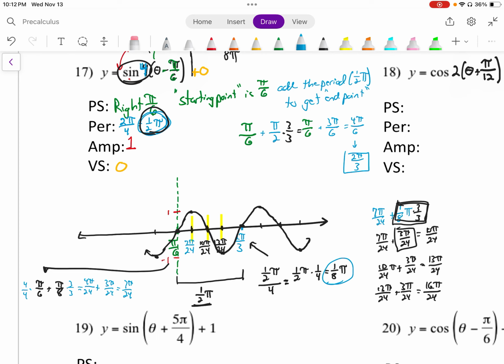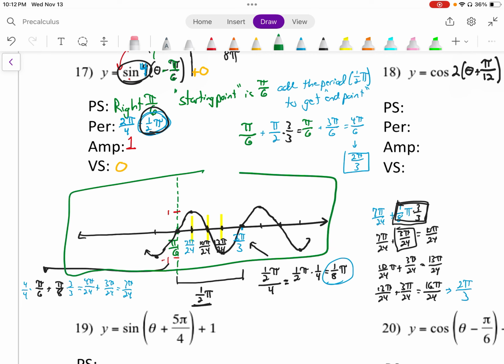That says 2 pi over 3, and this does reduce to 2 pi over 3. So finding those fractions in there did take a while, but we were able to graph this even before we found those fractions.